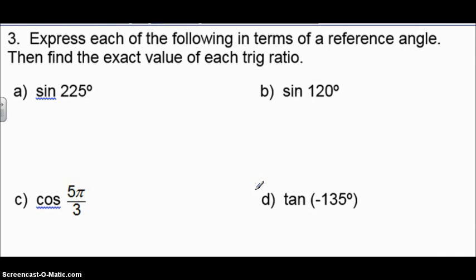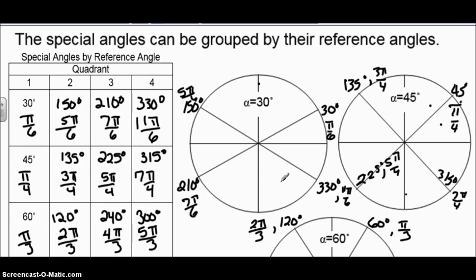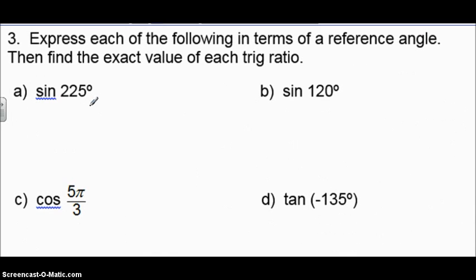Express each of the following in terms of a reference angle, then find the exact value of each trig ratio. So sine 225 degrees, if you don't remember, just flip back. 225 degrees was in the third quadrant. So since it's in the third quadrant, we know that sine will be negative, and its reference angle was 45 degrees.